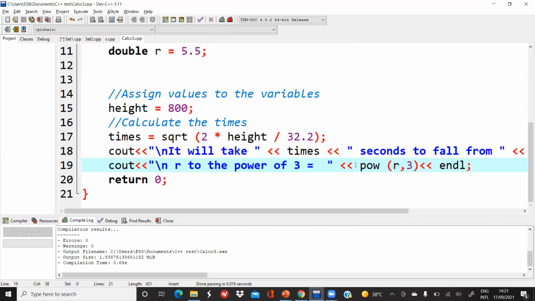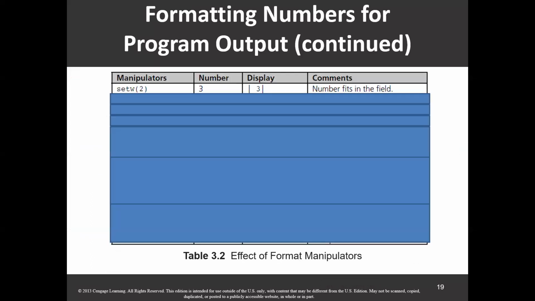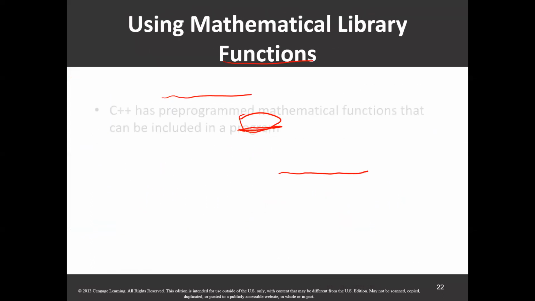So this is actually how we can find the power. Pow, then between brackets, here the base, here the exponent. Okay, so this is it. This is where we stopped. We already talked about these mathematical operations or mathematical equations.